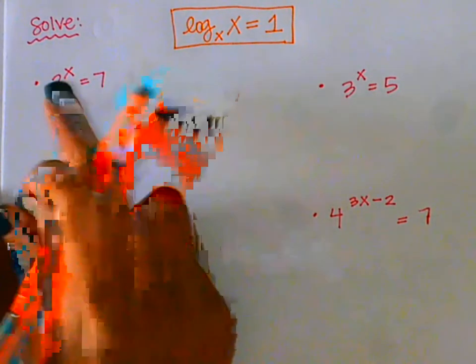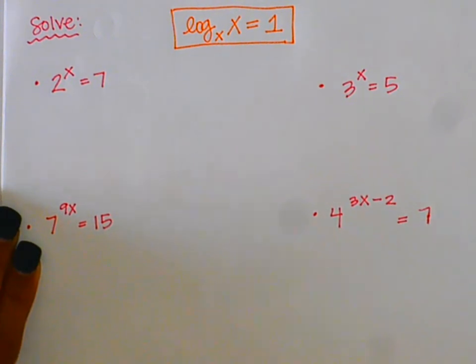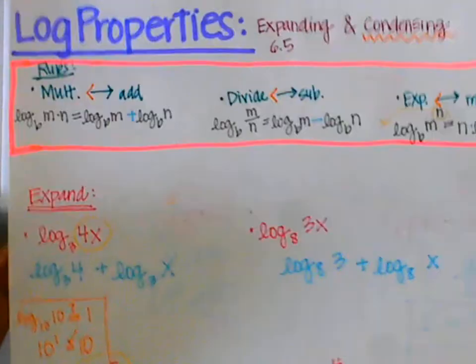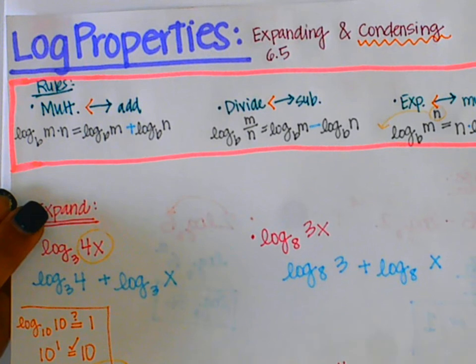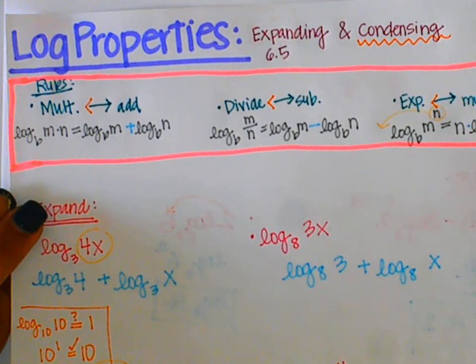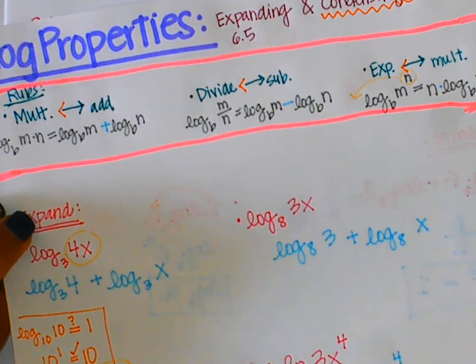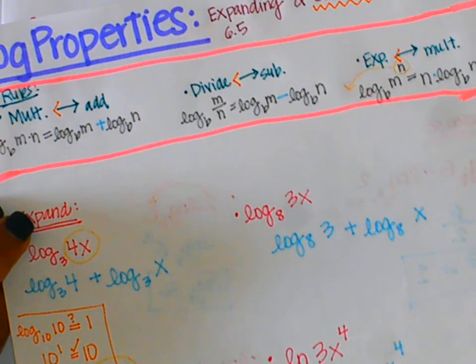Well, you notice all of our exponents have that variable that we want to solve for. So using the rules that we did in the last video also, we know certain rules that can help us rewrite these things. So we're kind of applying everything we've learned so far into this to try to solve for it.